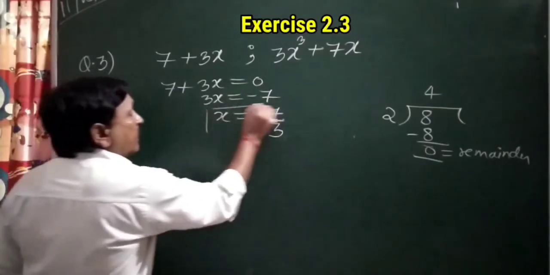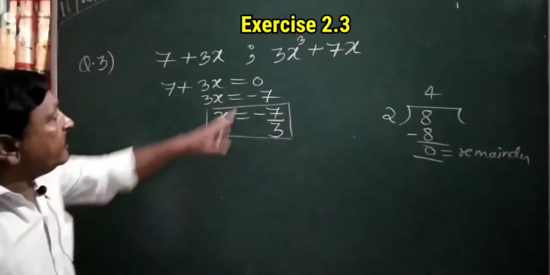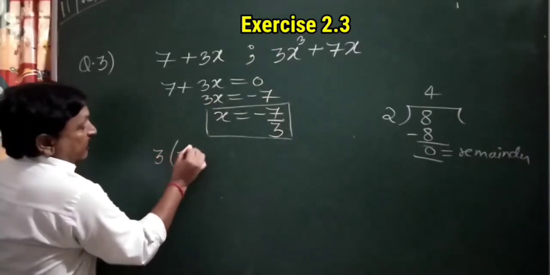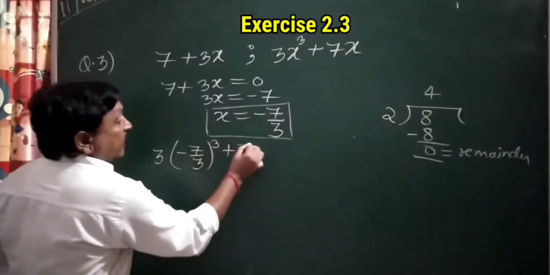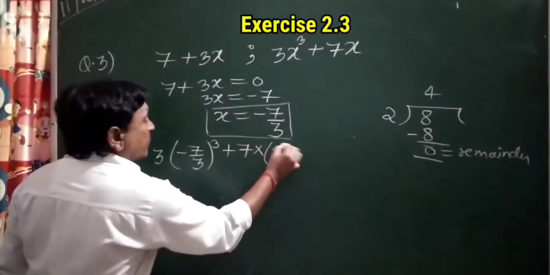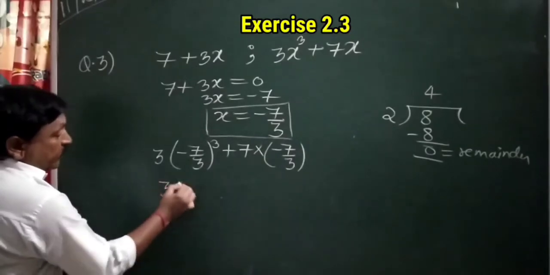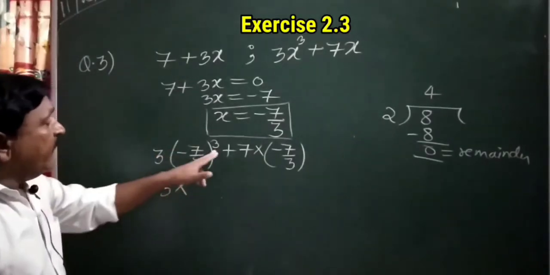Okay. Now what do we have to do? We have to substitute this value of x in this polynomial. Just substitute it. 3 into minus 7 upon 3 whole cube plus 7 into minus 7 upon 3. Okay. 3 into, open the bracket, then whatever is inside the bracket, everything will get cubed.